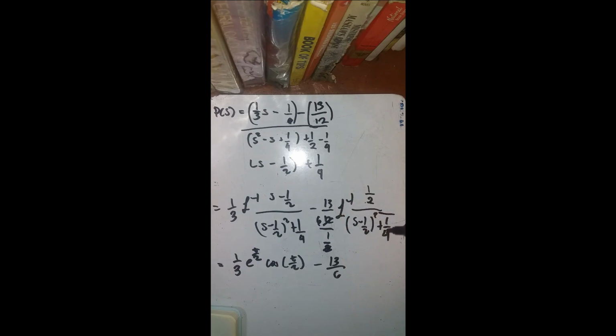Now this will become sine, and don't forget e raised to t over 2 sine h of t over 2. This will be your final answer for your letter E.